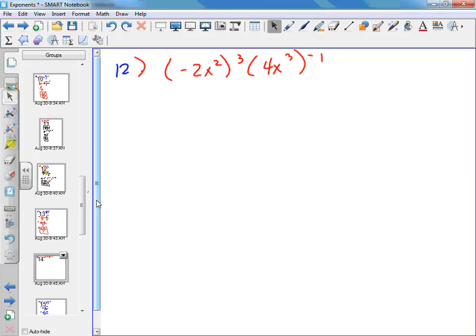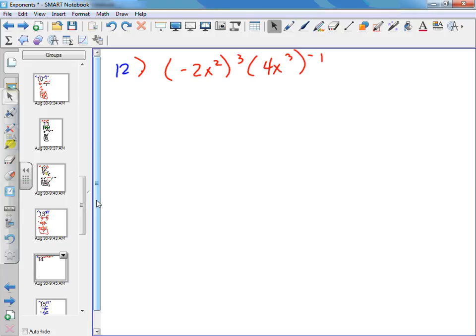Positive. But if I take a negative times a negative times a negative, what's the outcome? A negative. So what is the rule? A negative raised to an even power is a positive outcome. And a negative raised to an odd power is a negative outcome, right? Do we all understand that?